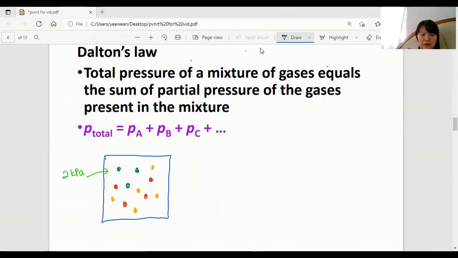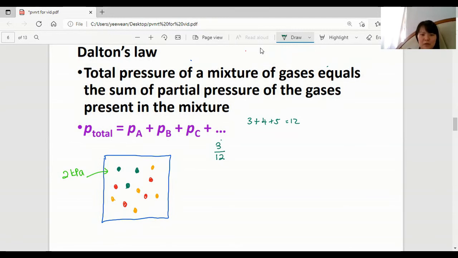The partial pressure exerted by the green, the red, and the yellow is proportional to the mole ratio. For example, I have 3 pieces of the green ones, 3 plus 4 plus 5, so there's 12 in there. So 3 out of 12 is the green one. Let's say that's the mole ratio here.